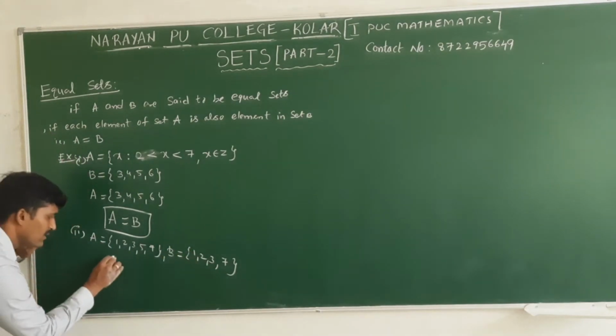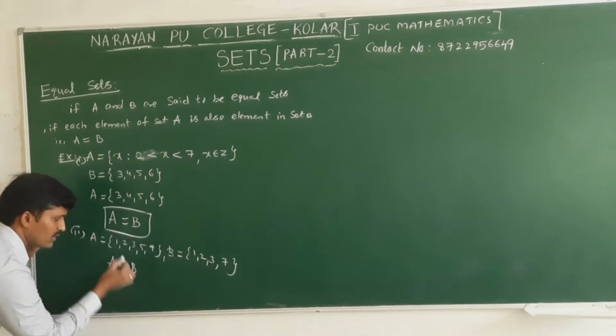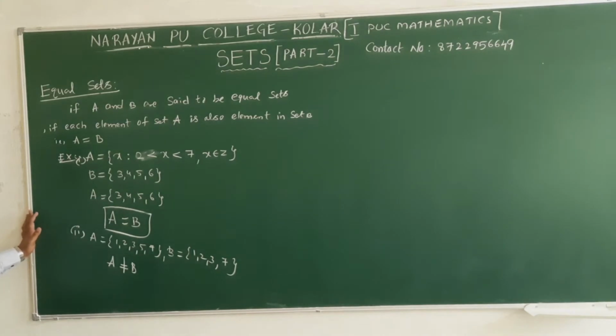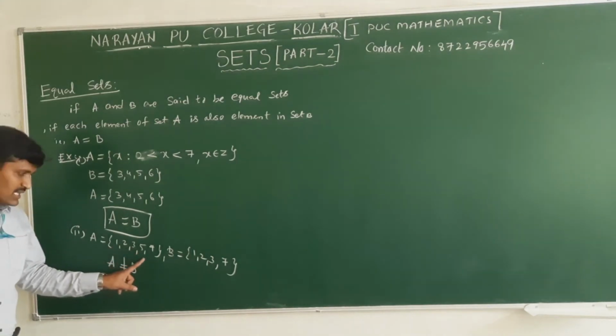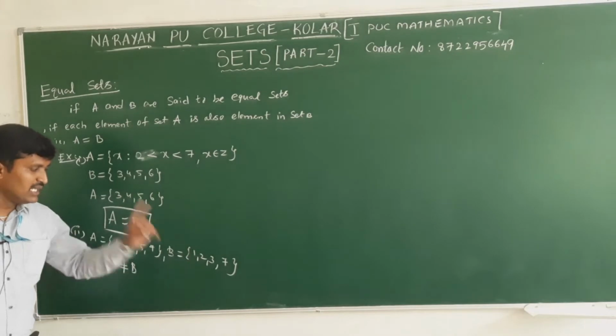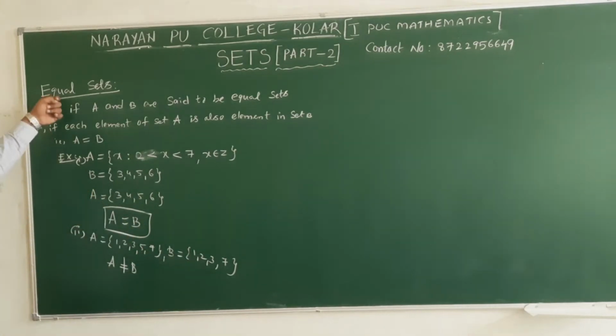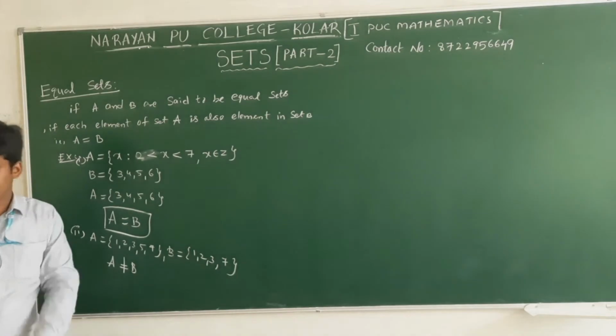So clearly A is not equal to B. That's why each element in set A must be an element in set B, then only those two sets are equal sets. Otherwise, not equal sets. This is a simple definition of equal sets and an example.